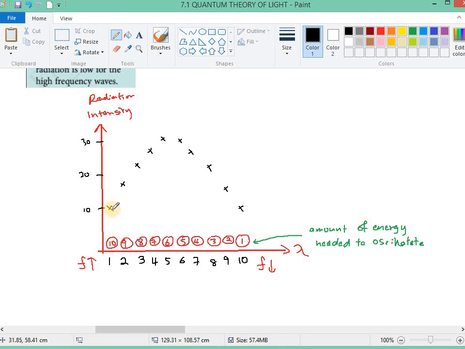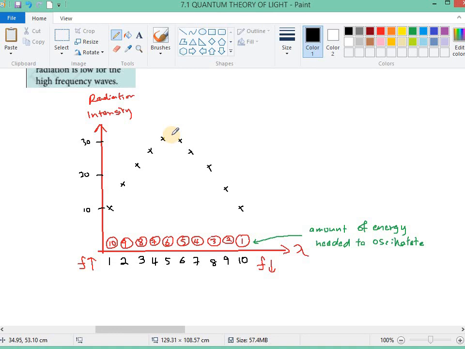Very high frequency, less energy. The one in the middle, a lot of energy. That means the particles that can oscillate at a moderate frequency will be more. Particles that can oscillate at very high frequency are very limited.